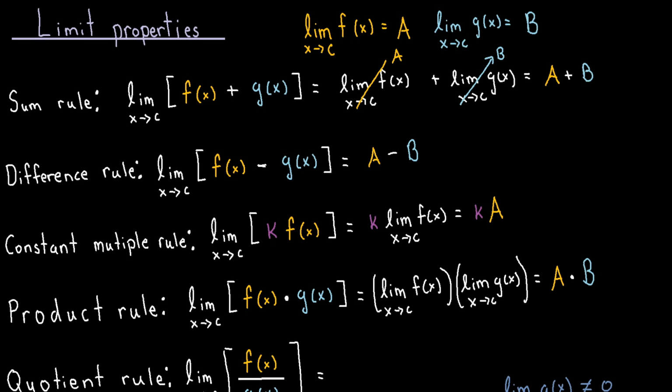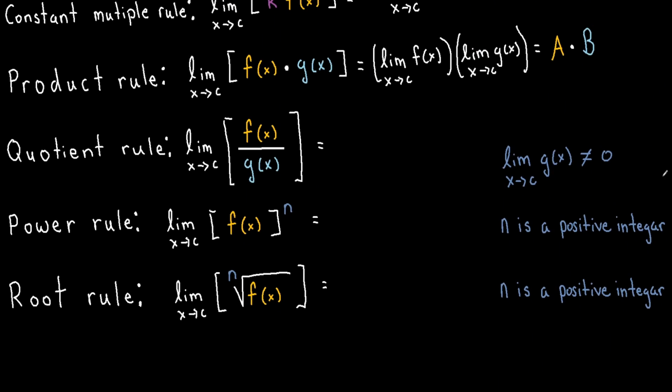Now what if we wanted to divide the two functions? Then according to the quotient rule, we will take the limit of f of x as x approaches c divided by the limit of g of x as x approaches c. And we will get a divided by b.